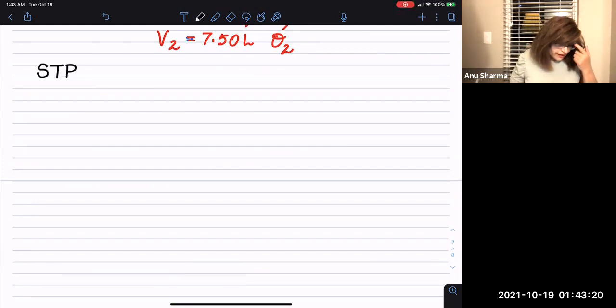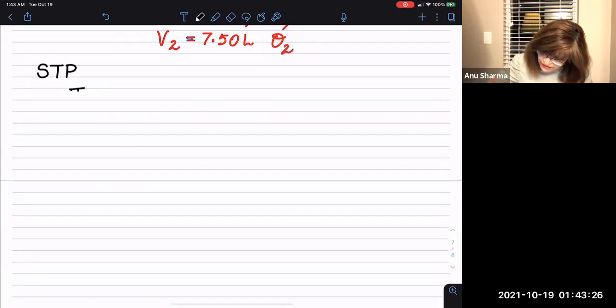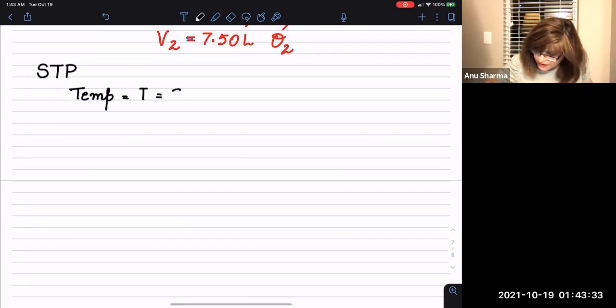STP is standard temperature and pressure. The standard temperature, T, is 273 Kelvin, which is also equal to 0 degrees Celsius.